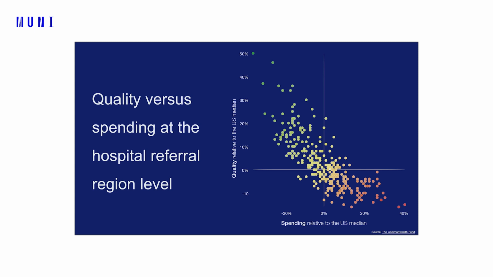This relationship shows a pretty strong negative association, where spending is on the horizontal axis and healthcare quality is on the vertical. And this somewhat suggests that more healthcare spending does not always mean better health, because there can be inefficiencies in that healthcare system.